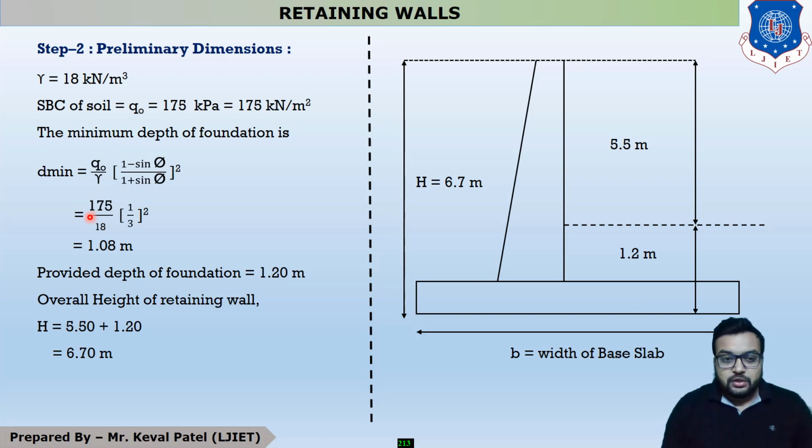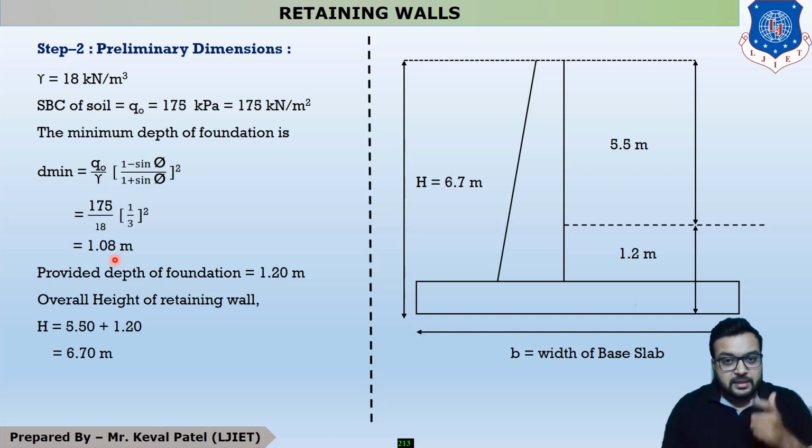Okay, so your value of Q0 is 175, your value of gamma is 18, and your value of Ka is 1 by 3. So after calculating, you will get your answer 1.08 meter.